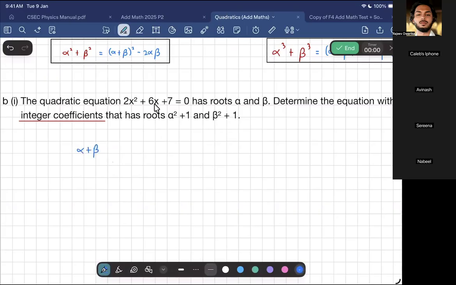What am I finding for here, Caleb? The originals. This is the sum of the roots, where alpha is one root and beta is the other root. And to find the sum of the roots, it's going to be minus b all over a.